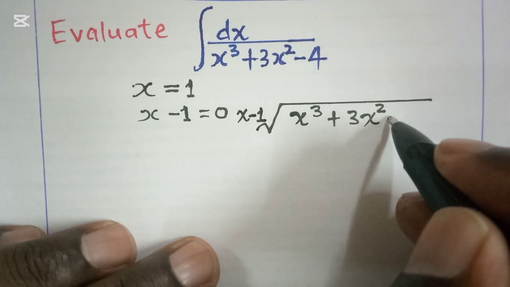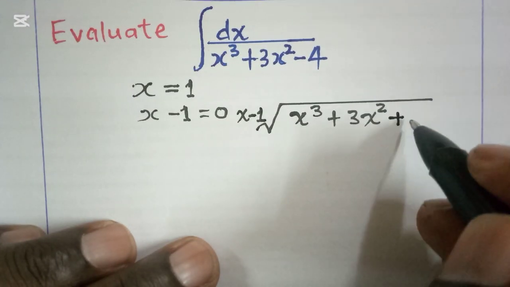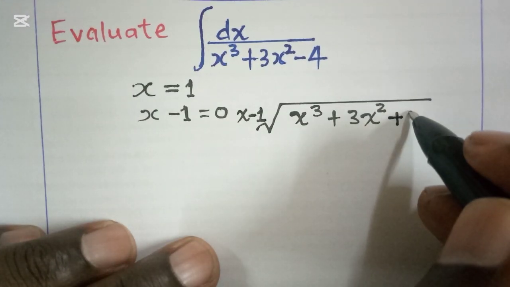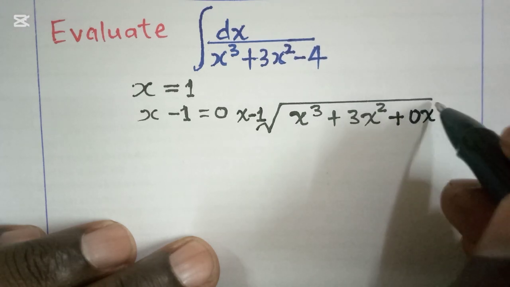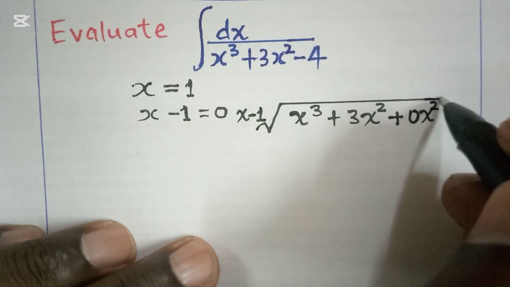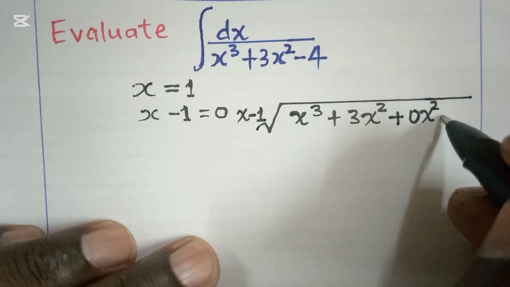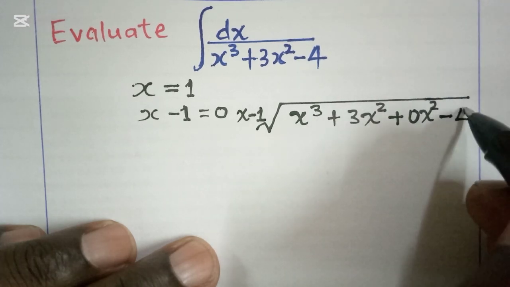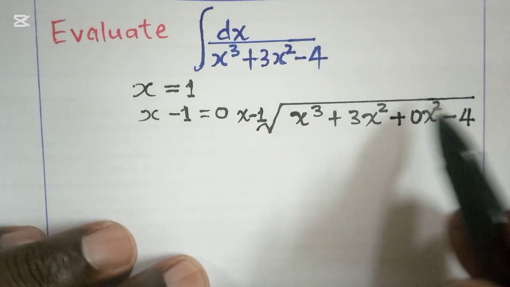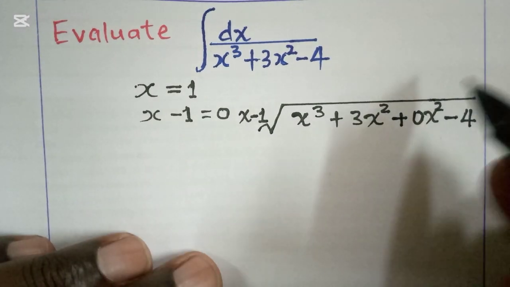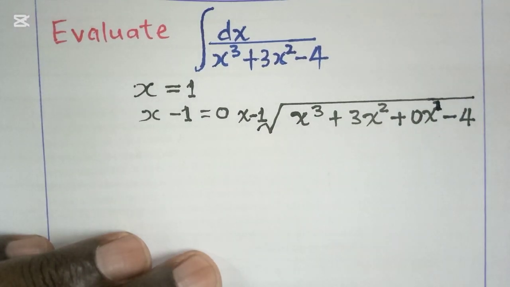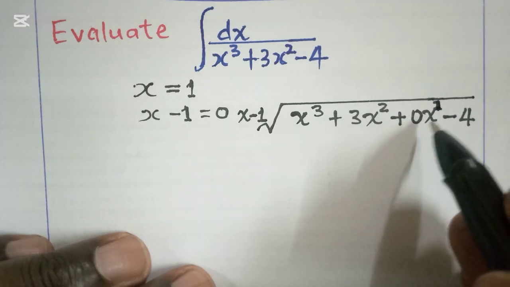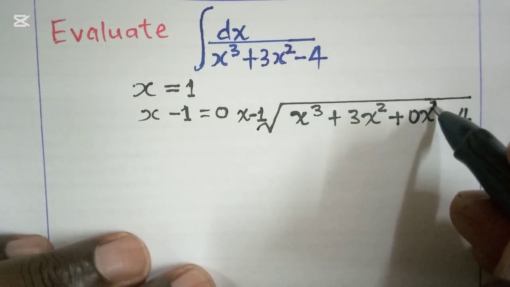Then I go to another lower degree and I write 0x, like that, now minus 4. And you will see the reason why I have written it like this. This is actually x raised to 1. It's not x raised to 2, but x raised to 1.